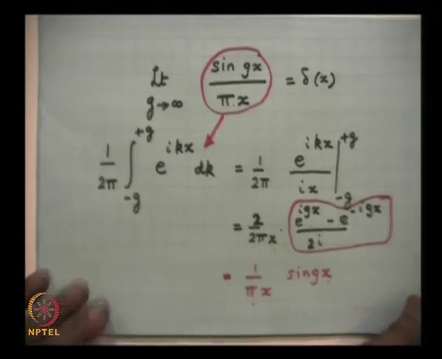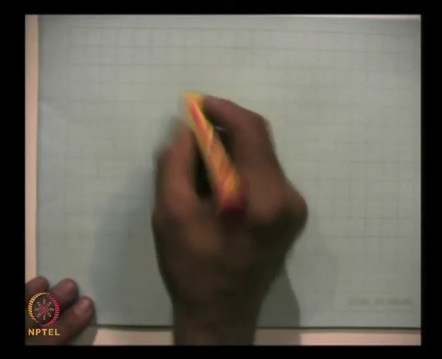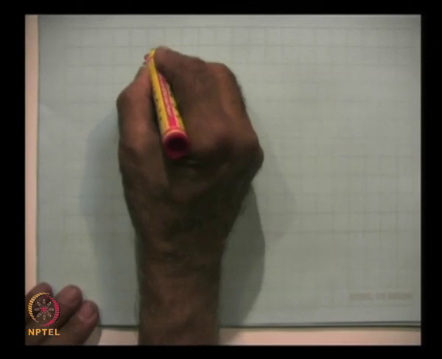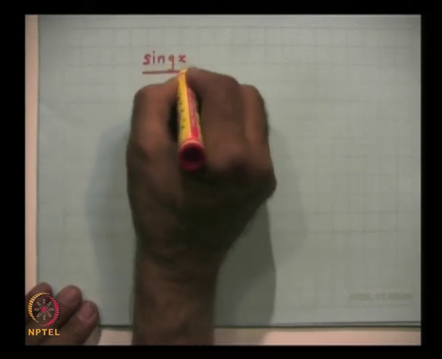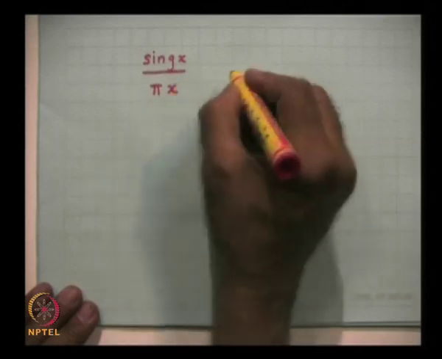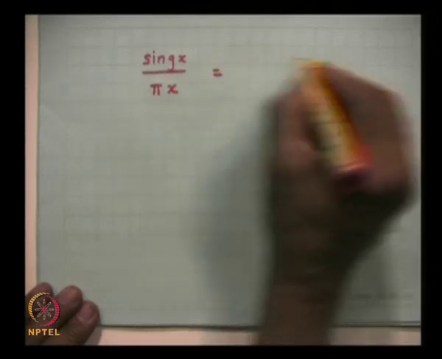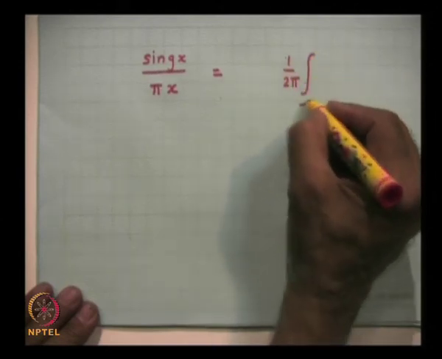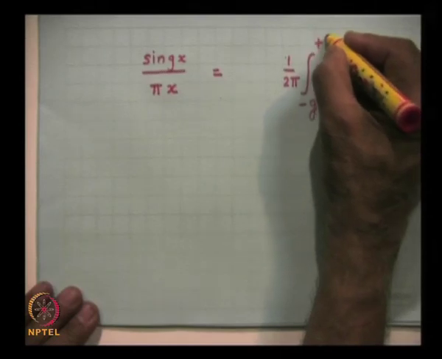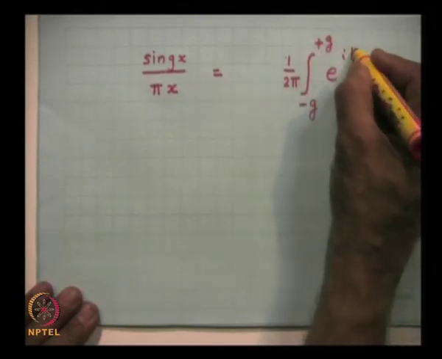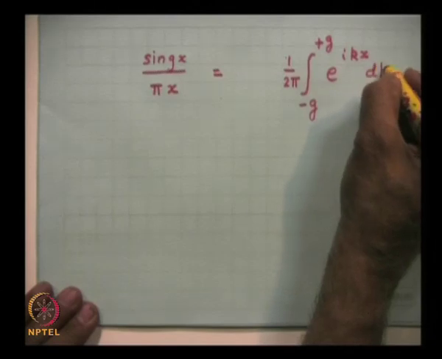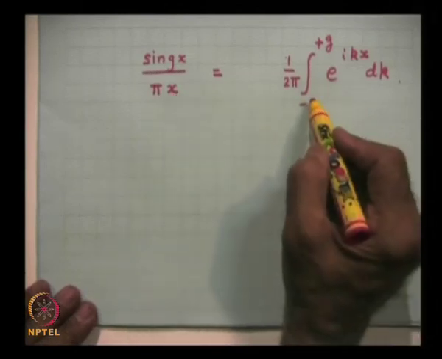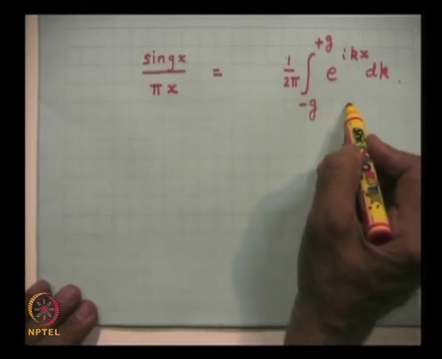And so therefore, we have a very important relation. We have just now shown that sin gx over pi x is equal to 1 over 2 pi, integral from minus g to plus g of e to the power of i k x dk. So, I have shown this just now by evaluating the integral on the right hand side.